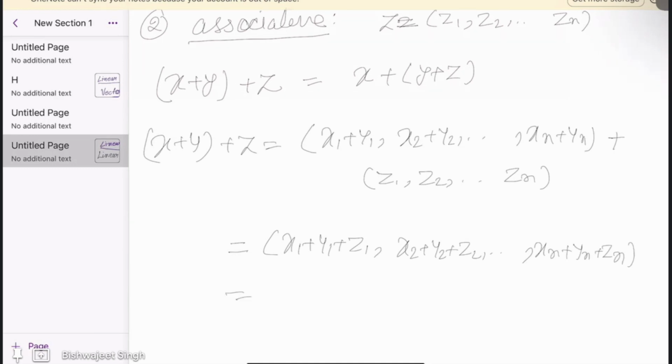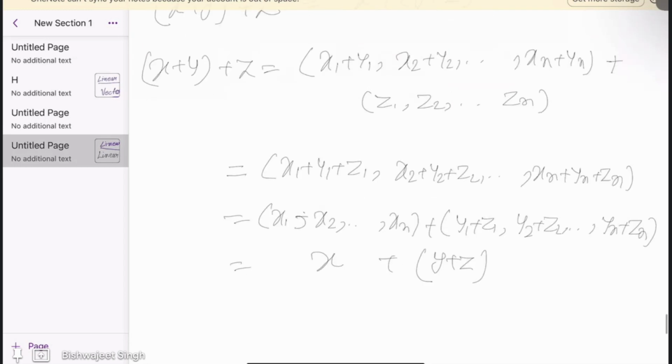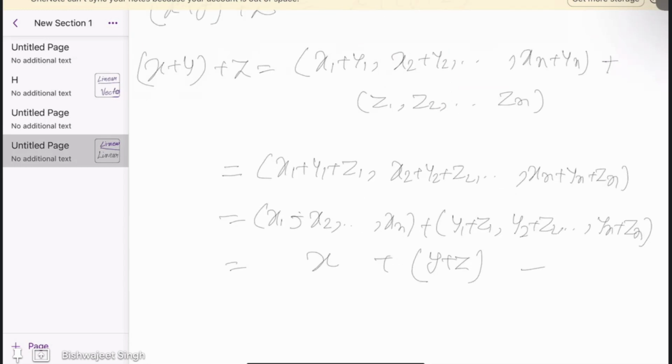But I can write this as x1, x2, xn plus y1 plus z1, y2 plus z2 up to yn plus zn. Now what is this? This is x plus y plus z, where the second part is y plus z. So the second property is also true.